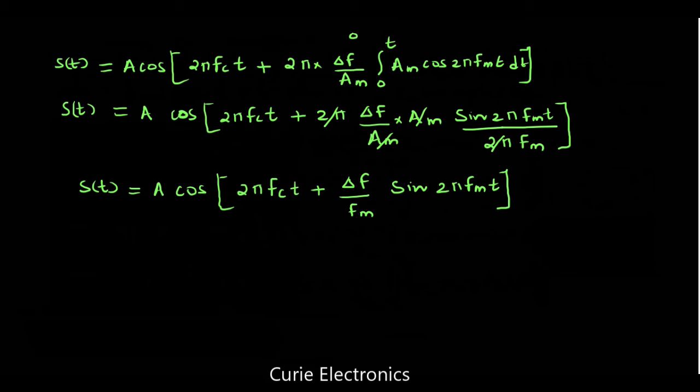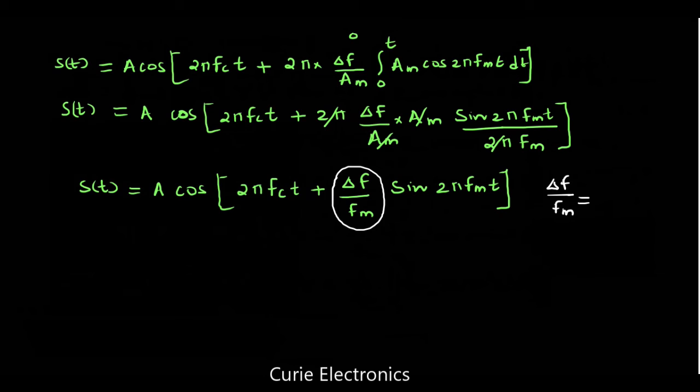Here this factor, delta f, the maximum frequency deviation, upon the frequency of the message signal, is known as beta. This is the modulation index. In detail, in the next lecture, I will explain all the basics of FM.